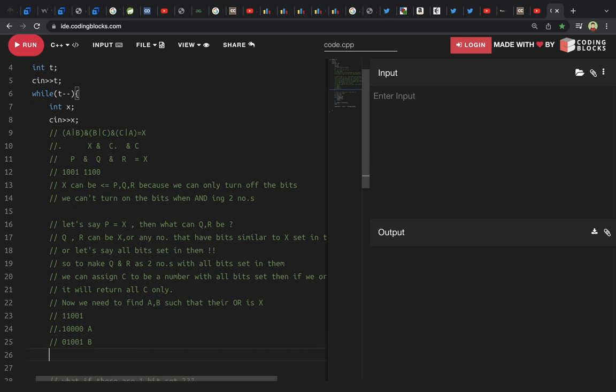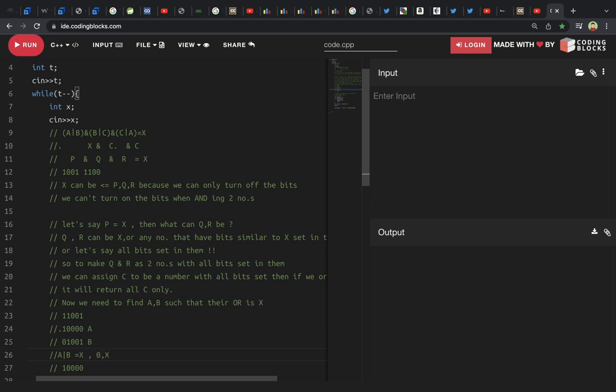But what if there is only one bit that is set in it? If there is only one bit set, then we can just use 0. I did not know that we could use 0, and after this test case, I knew I could use 0. So two numbers that when ORed give us x can be 0 and x itself.